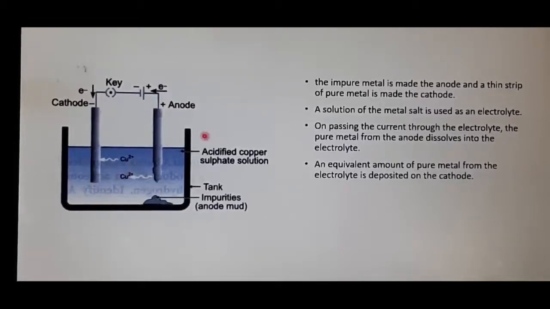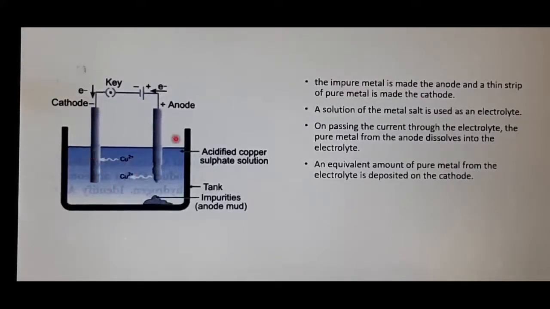Now when electricity is passed through this setup, the metal from the anode gets dissolved into the electrolyte. On further passing the electricity, pure metal from the electrolyte gets collected at the cathode. All the impurities are left behind.